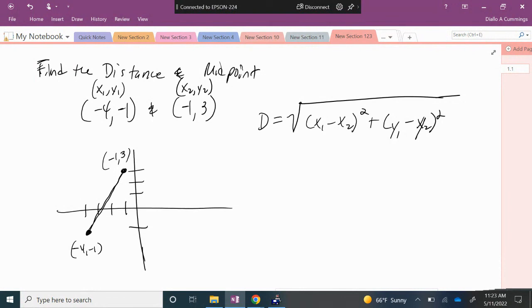Okay. So now I'm simply going to substitute into the formula.